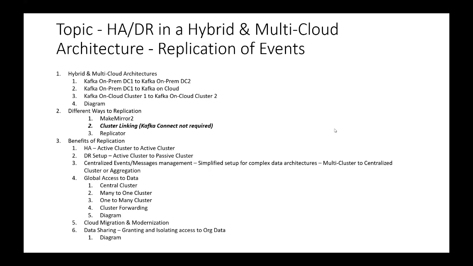Also, you can have many to one cluster or one to many cluster, or you can forward data from one cluster to another, chain of clusters, and so on. So this helps also in cloud migration and modernization of moving to Kafka in general.